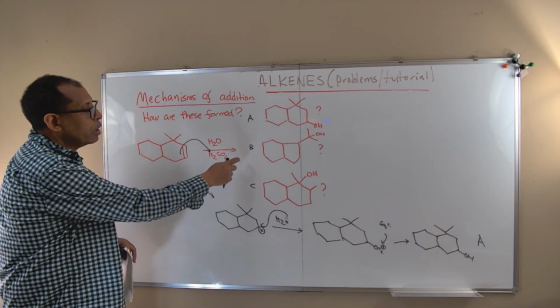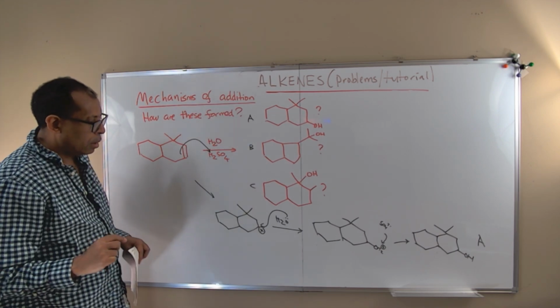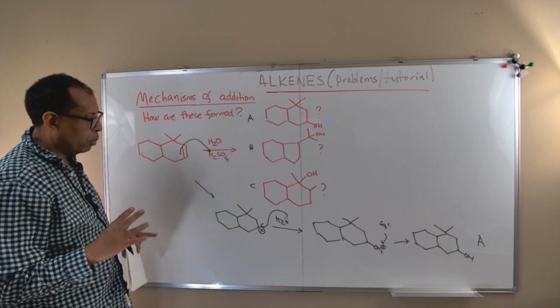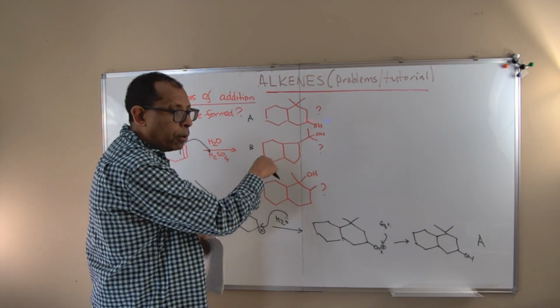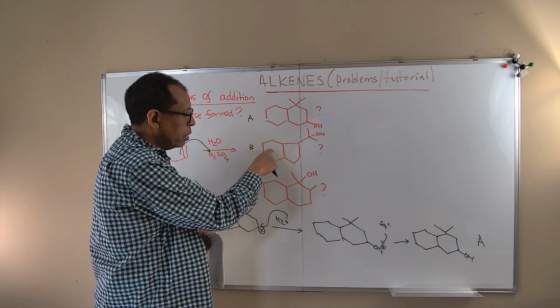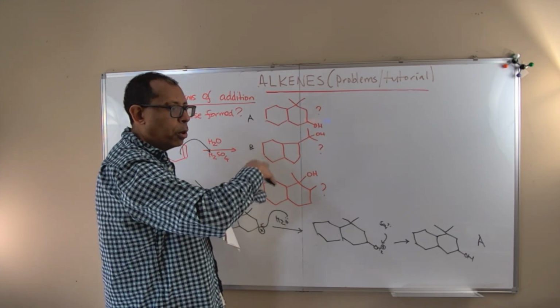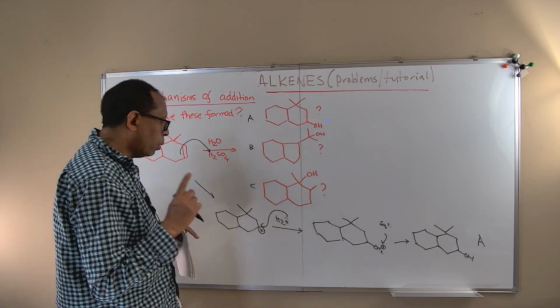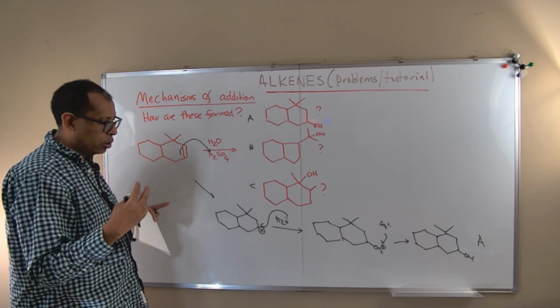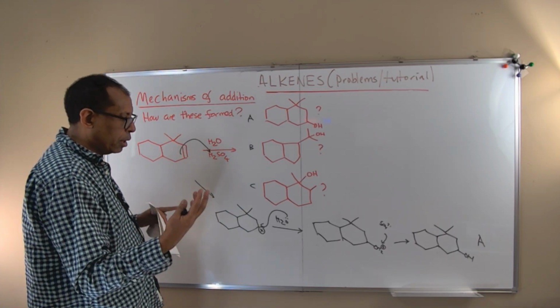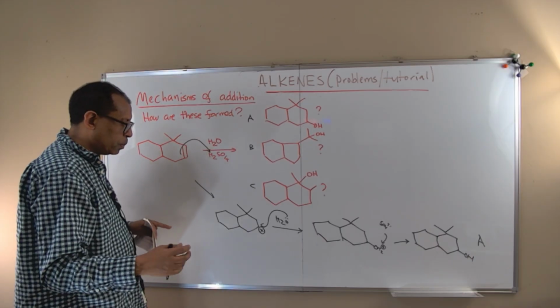But how do we get compound B? To get compound B, what I would envision is that there is a ring contraction. When there is ring contraction or expansion, you should always think of an alkyl shift. That is just to drive toward a more stable carbocation.